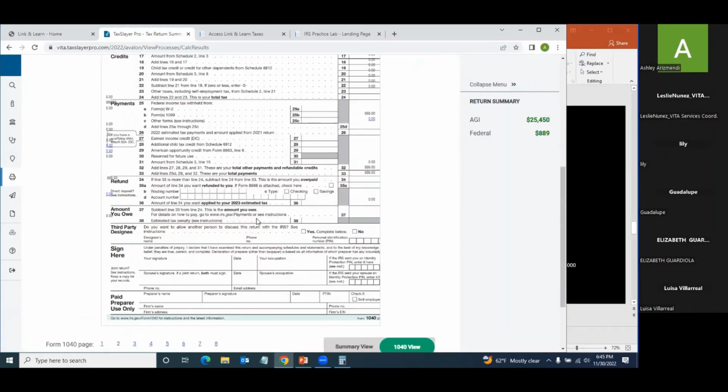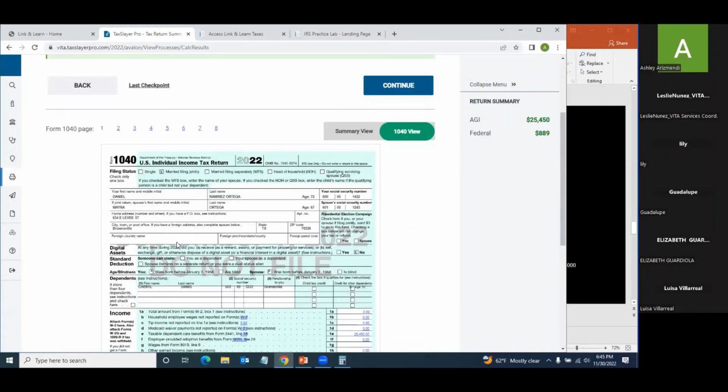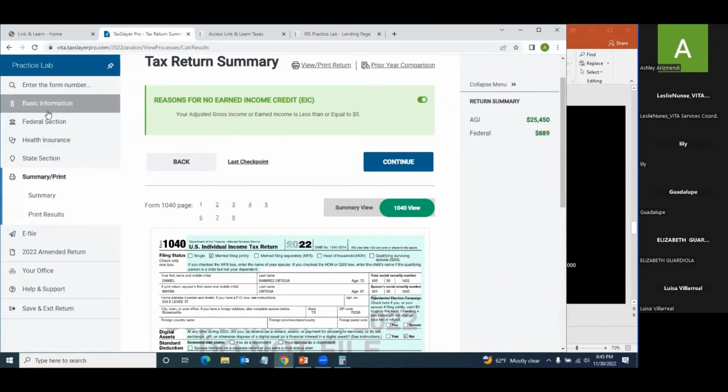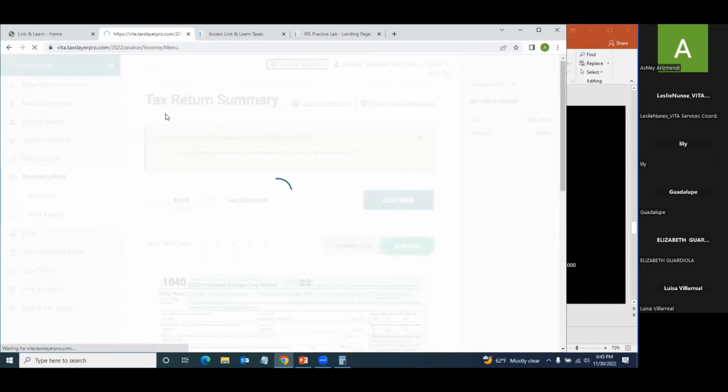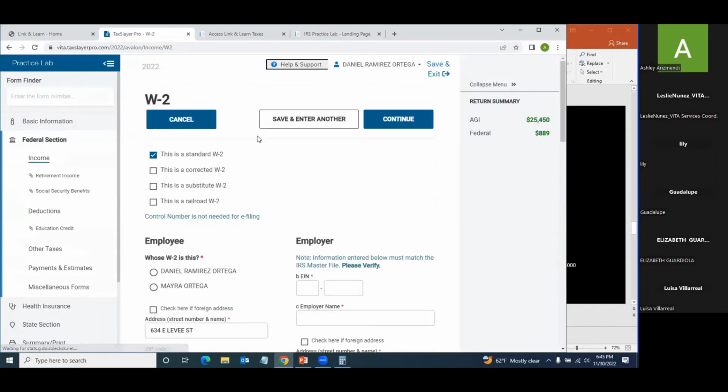Yeah, because usually they'll have like, I'm trying to show you when they have like their, or maybe because let's try to enter a W-2. Let's see if that helps. So go to income and then W-2.